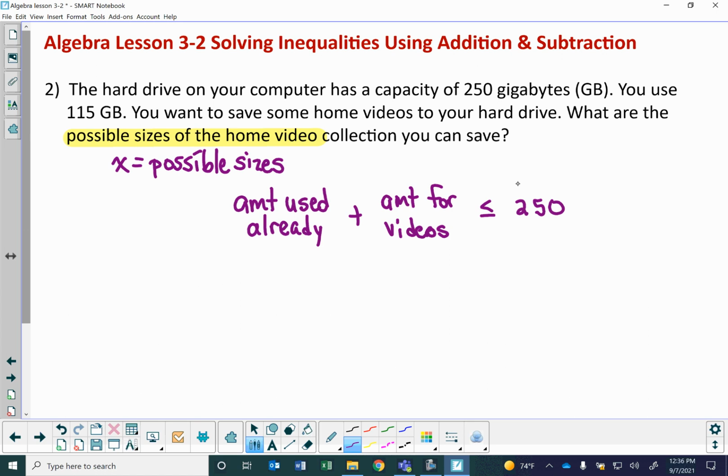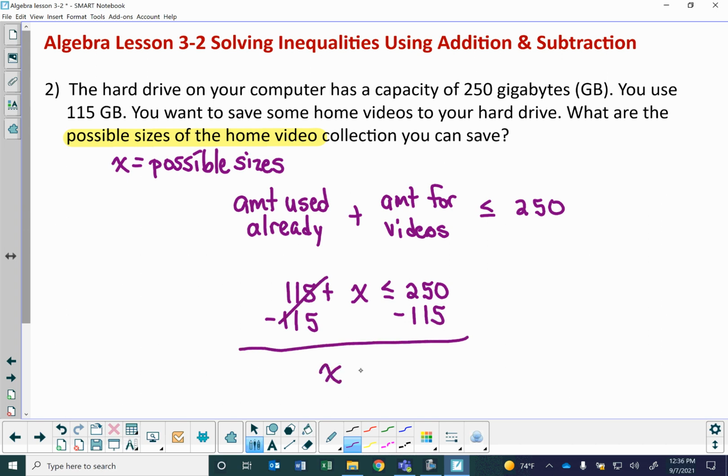All right, so the amount I used already, 115, plus the amount I want to use for my videos is x is less than or equal to 250. So there's my inequality. I'm just going to solve it now. So I subtract 115, subtract 115. These will cancel. X is less than or equal to 250 minus 115 is 135.